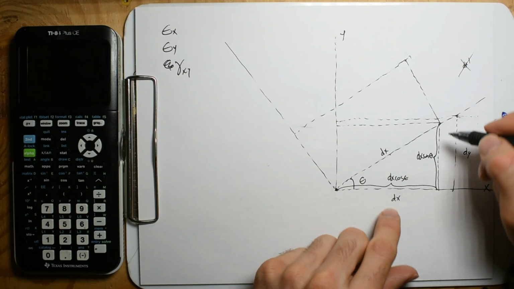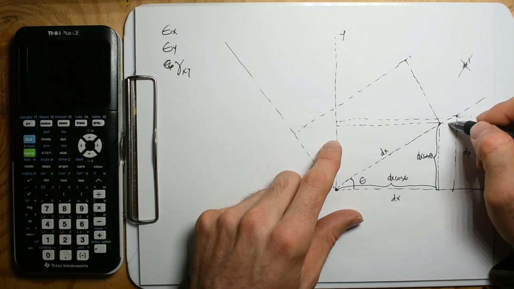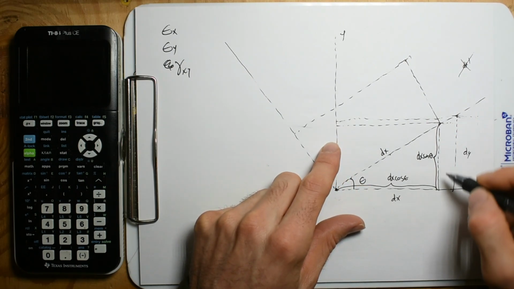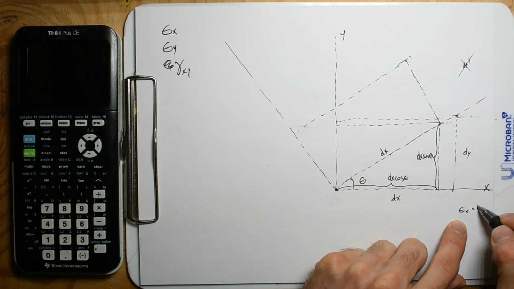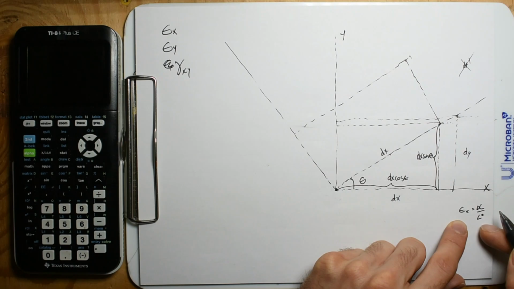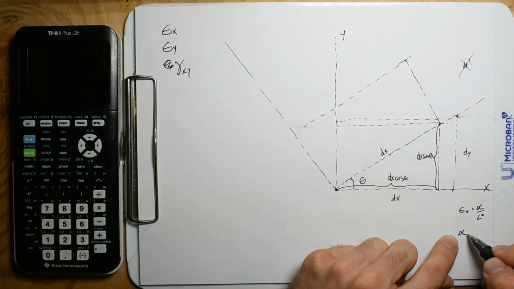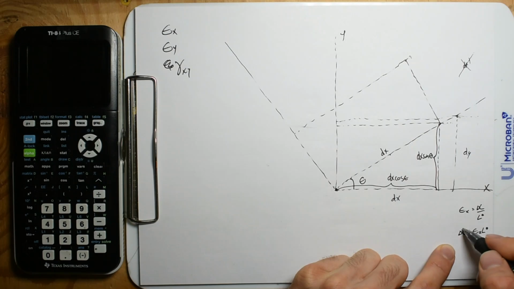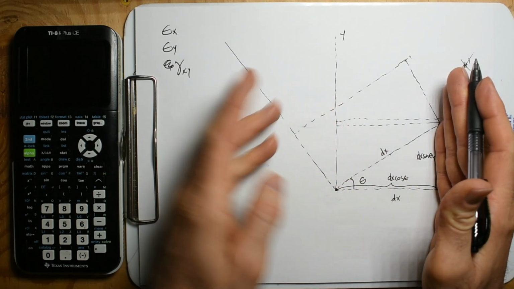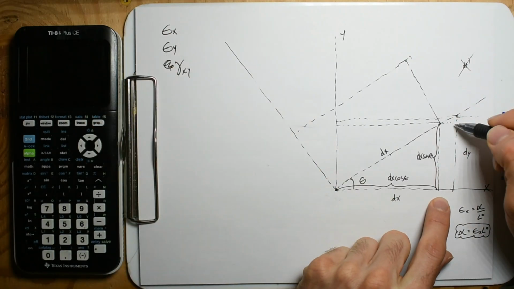And so now for this shape, I know it's going to increase in this length due to the strain in the x. So let's write the strain equations. Change in length divided by initial length. So the other equation we need is the change in length is strain times the initial length. So this is the equation that we'll be using throughout. So if I have this strain in the x, this is what's going to happen.